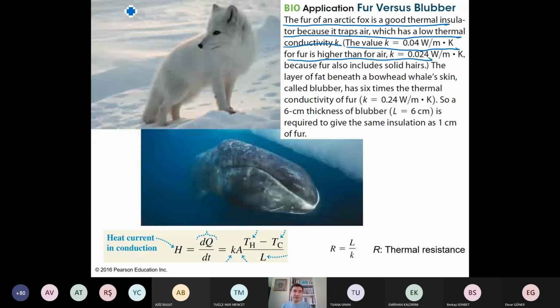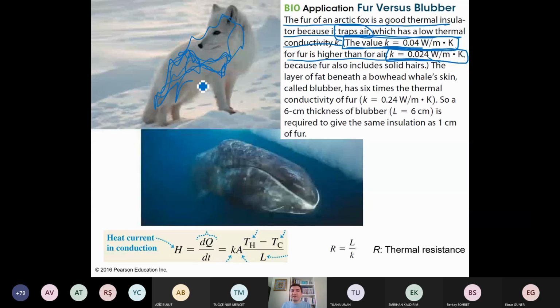So what do you see here? The thermal conductivity of air, this one. This is the thermal conductivity of air, 0.024 watt per meter per Kelvin, okay? Air is not a good thermal conductor, okay? And what about the thermal conductivity of the fur of this fox, this one? So what is the information here? The fur of the fox traps air. So within the fur of this fox, air is trapped, okay?